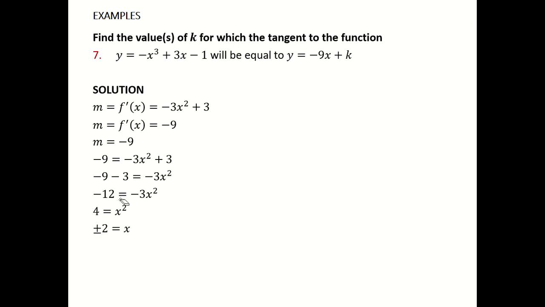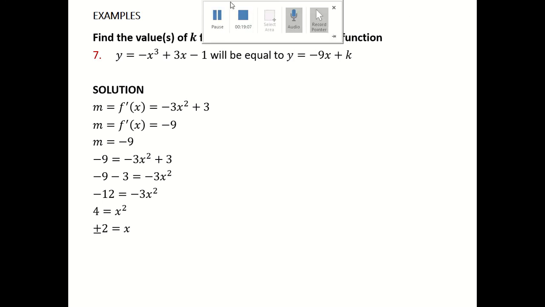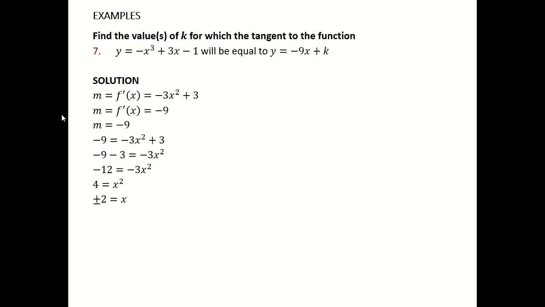So basically, once I've found the values of x, I'm going to take this x value. I'm going to start with +2 because we have two solutions there. X is equals to 2 and x is equals to -2. I'm going to start with +2, substitute it into the original function, which is x minus x cubed plus 3x minus 1.